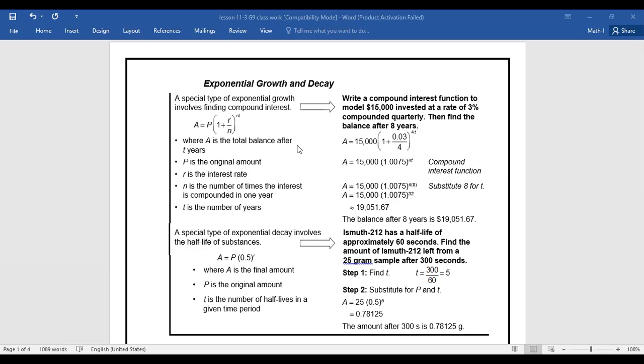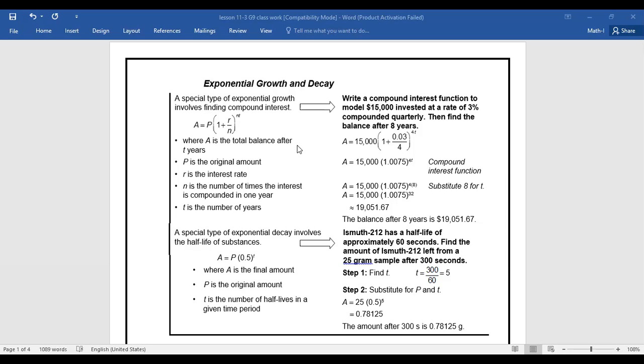So we are going to substitute the value of t by 8, and then we will multiply 4 times 8, which equals 32, and then we will simplify. The answer will be 19,051.67. This is the balance after 8 years.